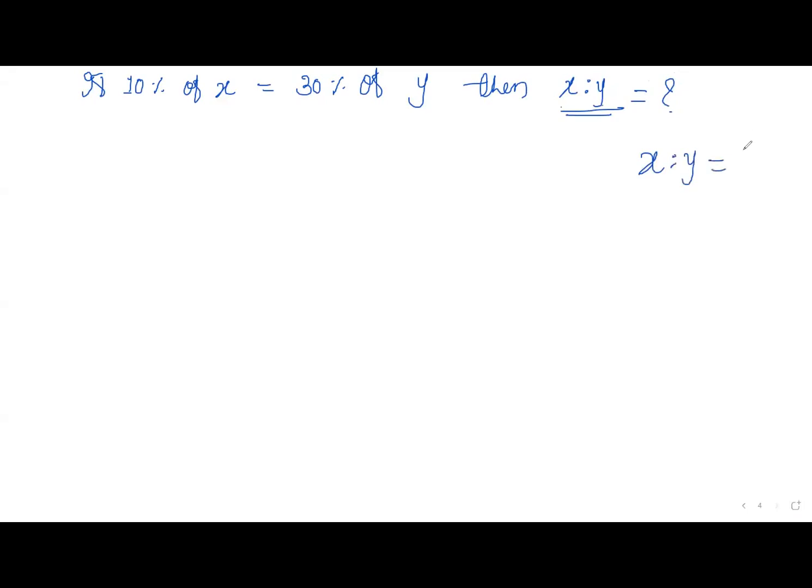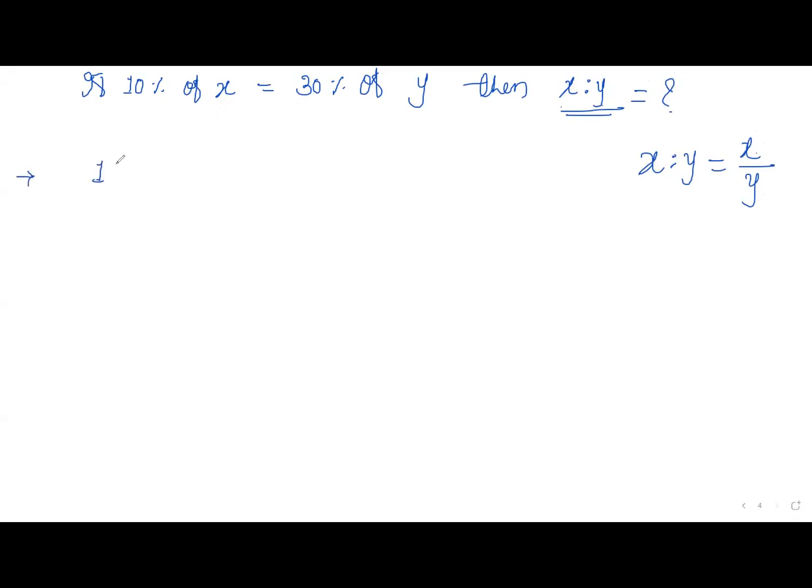If 10% of X is equal to 30% of Y, then find the ratio between X and Y. As we know, X is to Y can be put in the terms of X by Y. X is to Y can be considered as X by Y. That is the ratio. Okay, so let us solve this.